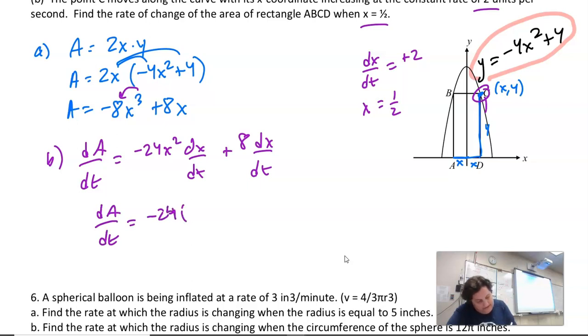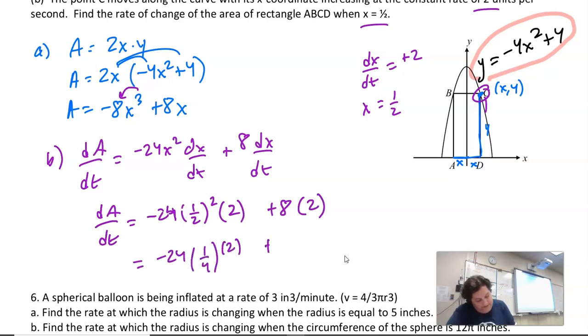All right, x is 1/2 squared. dx/dt is 2, and dx/dt is 2. Okay, so it's negative 24. 1/2 squared is 1/4 times 2, and then that's 16. Let's see here. 4 goes into 24 6 times. So 6 times 2 is 12 plus 16.